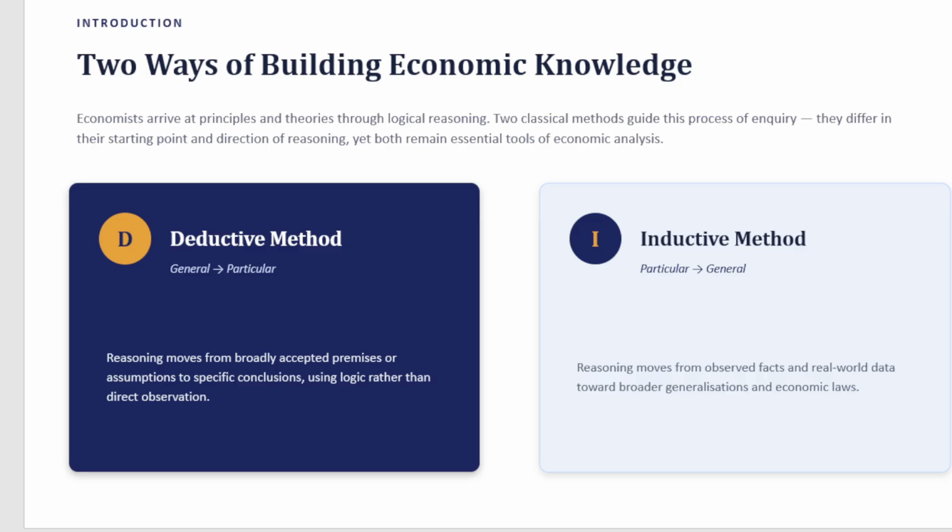What is deductive method? First of all, in deductive method, what's the process of building economic theories? First we take the universal facts in our mind, and from general we move to the specific.